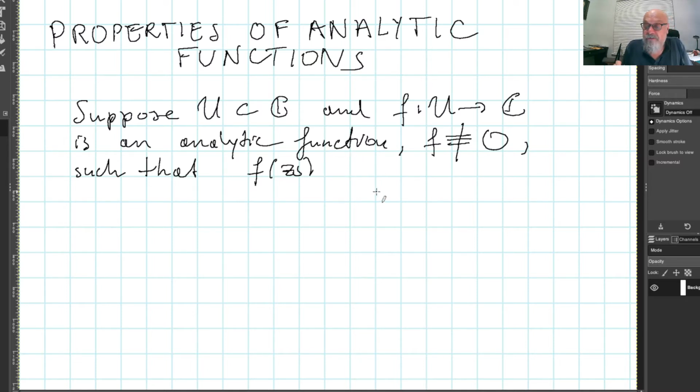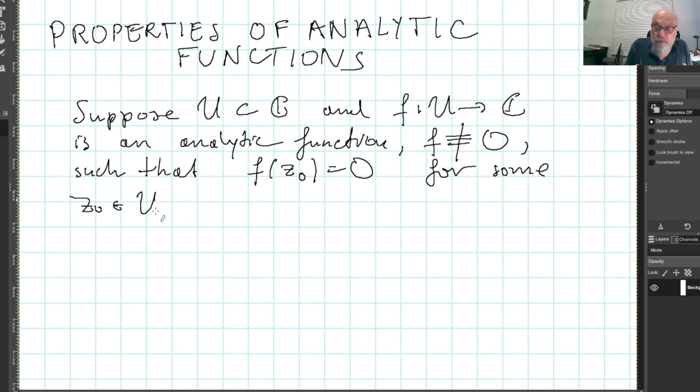Can you see it? So in such a situation, the function is analytic, is not identically 0, but at a certain point it takes the value 0.